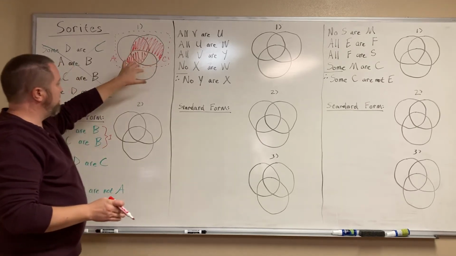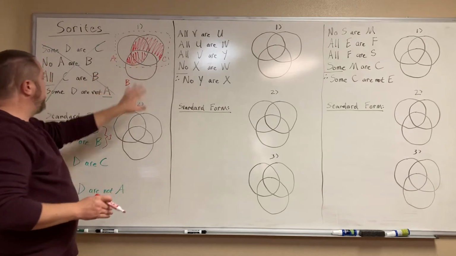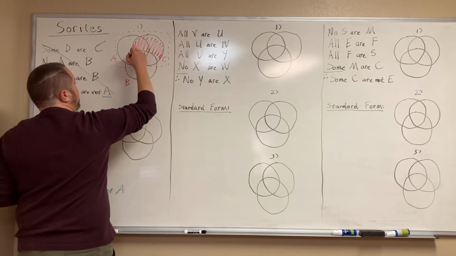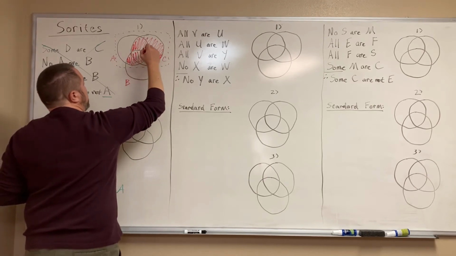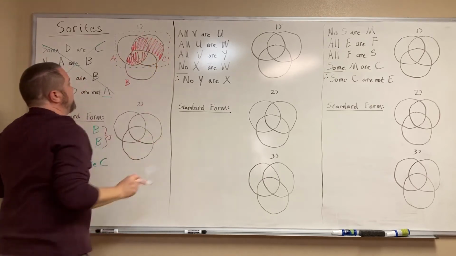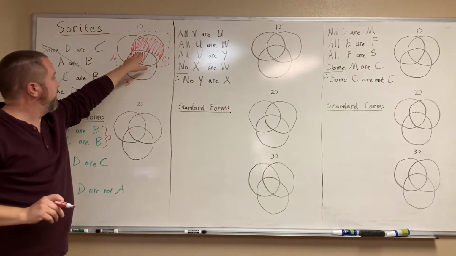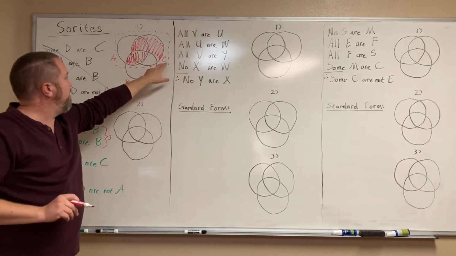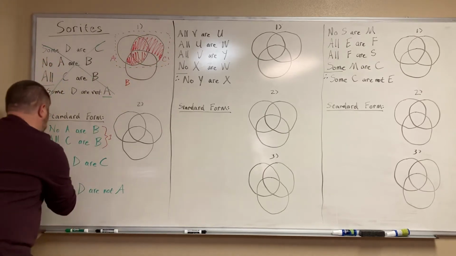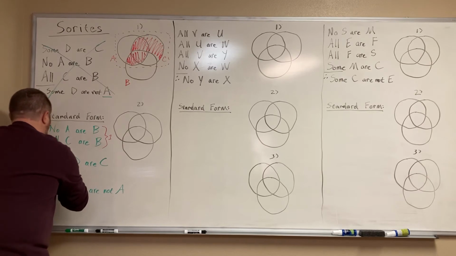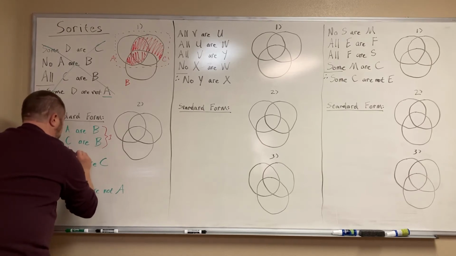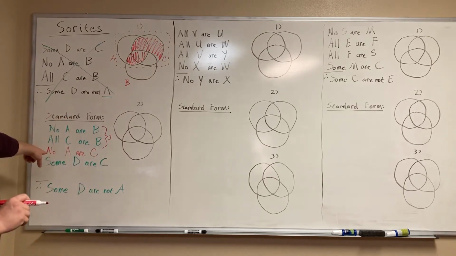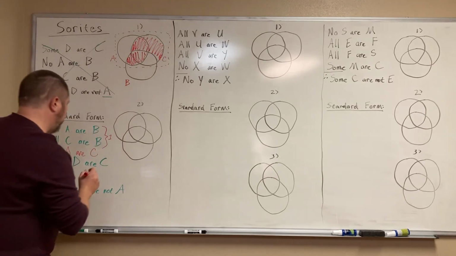So we've already been told all C or B, no A or B. But sure enough, you can look and see that there is a premise or a subconclusion that we can draw from that. And it's that no A or C. So we'll go ahead, no A or C, fill in that subconclusion into your form there.